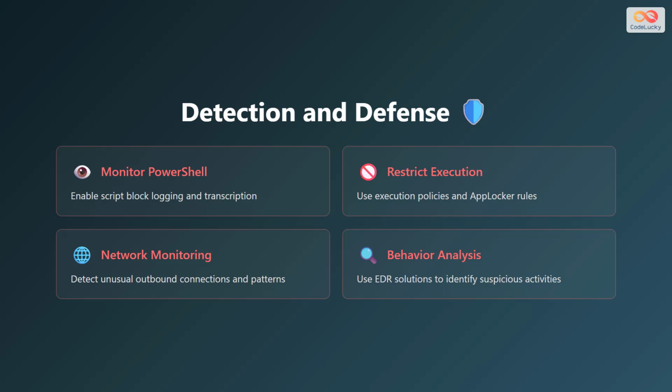Third, implement network monitoring to detect unusual outbound connections, especially encrypted traffic, to unknown external servers. Fourth, deploy endpoint detection and response solutions that use behavior analysis to identify suspicious activities like credential dumping or unusual process behavior. These defensive measures significantly reduce the effectiveness of PowerShell Empire attacks.